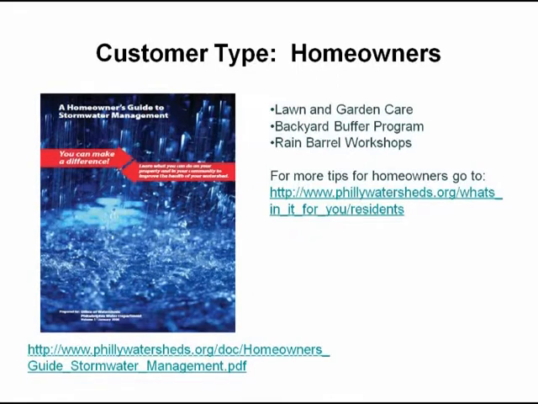A so-called backyard buffer program targets homes that are backing up to some of the streams in the city, and then rain barrel workshops for residents all over the city in all sorts of neighborhoods. Anybody can disconnect a downspout and run it through a rain barrel and provide some retention for us.